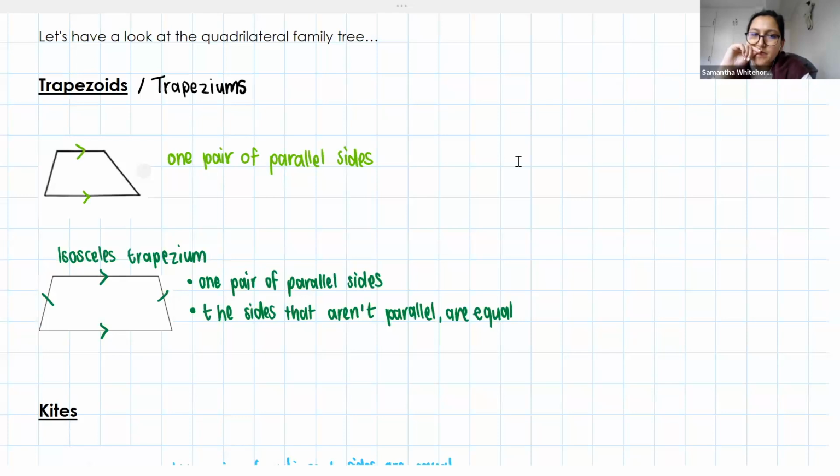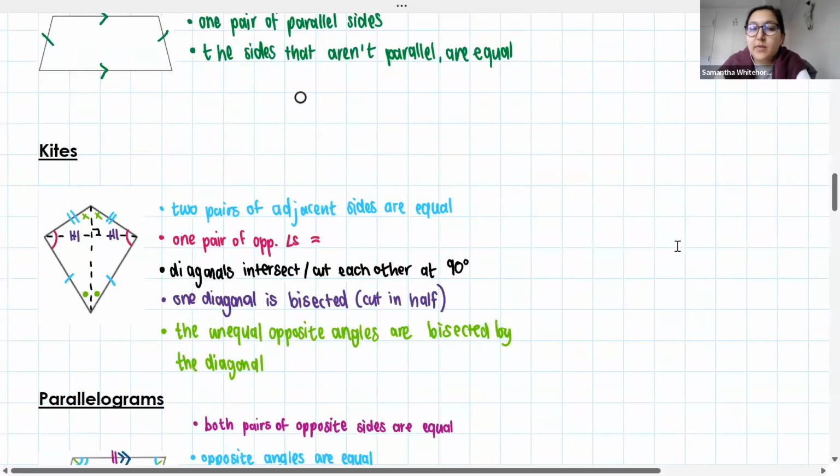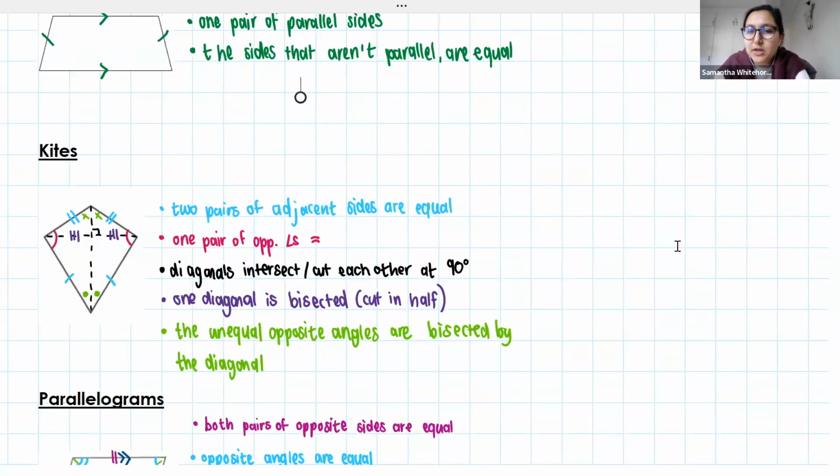So it depends what the question is. If I'm just asking you to give the characteristics, then you'll get a mark per characteristic. So say, for example, something like a kite, there's 5 characteristics that we have there, so you'll get 5 marks. We probably won't expect you to give all of them.